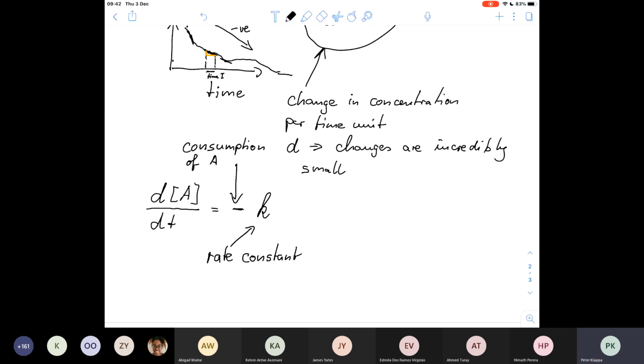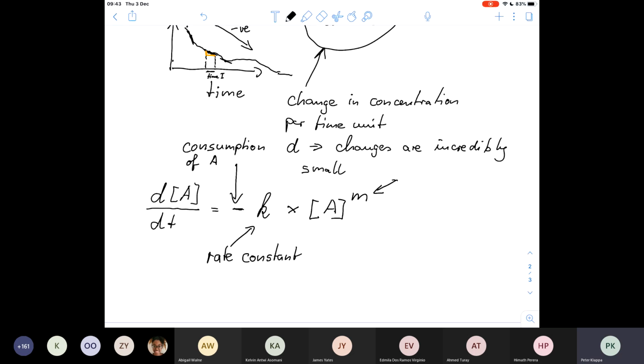And to make this equation complete, we multiply it by the concentration of A to the power of something that is called M, or whatever you want to call it.